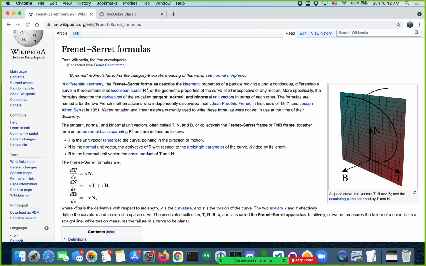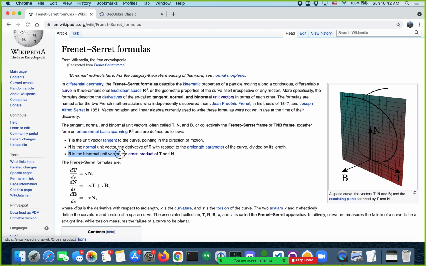Here's t and b. So t is the unit vector tangent to the curve, pointing in the direction of motion. N is the unit normal vector, it just has to be normal. B, I guess they call it binormal. It's just the third vector because you need three vectors for 3 dimensions. And they take it to be the cross product of t and n.